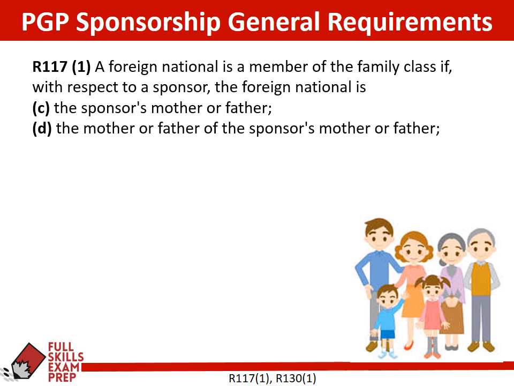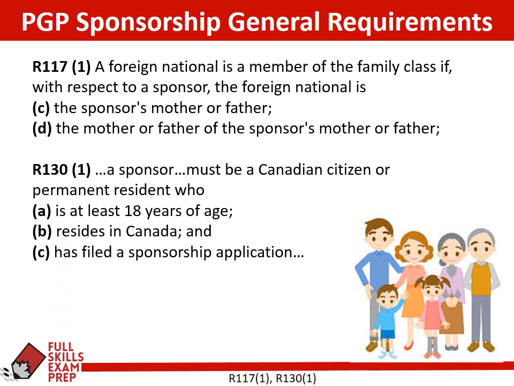All right, that's one of the easiest things to understand in this topic. And of course, the sponsor himself or herself must be a Canadian citizen or permanent resident who is a minimum of 18 years old, resides in Canada, and pretty obviously has filled out the sponsorship application.